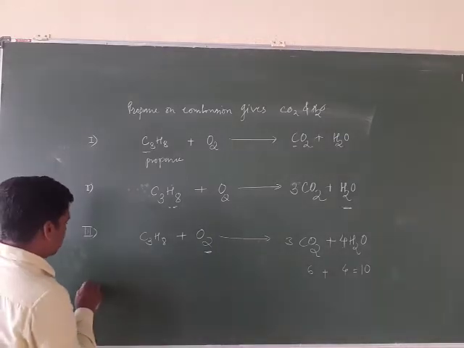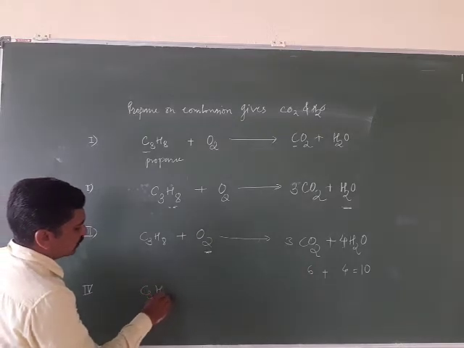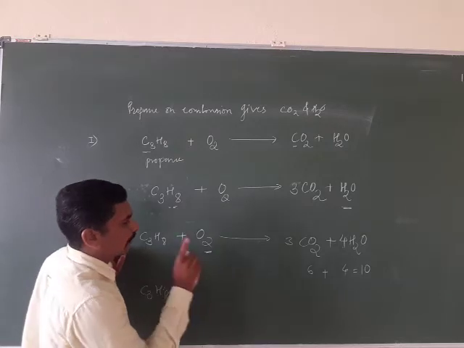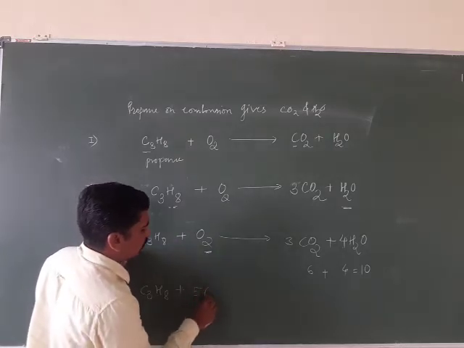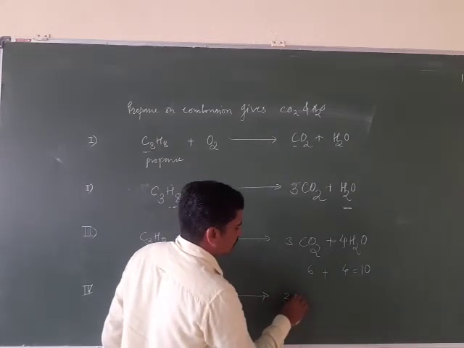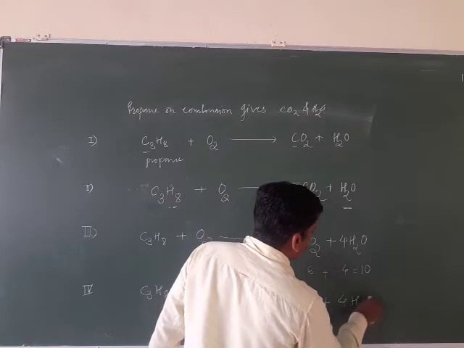So in the next step: C3H8 plus, how many do we require on the left hand side? 10. So 5 O2 gives 3 CO2 plus 4 H2O.